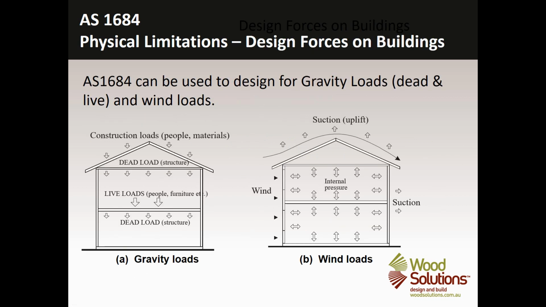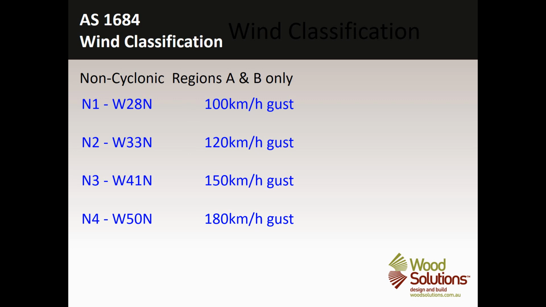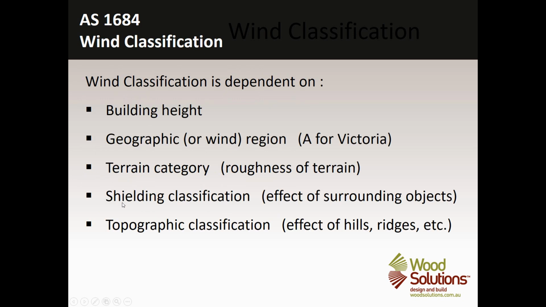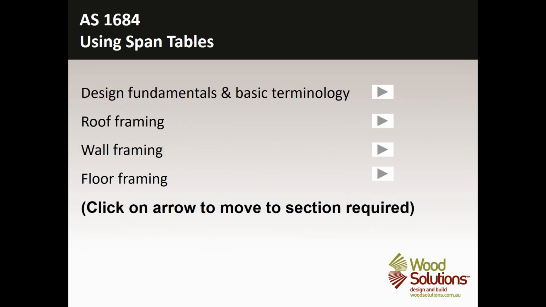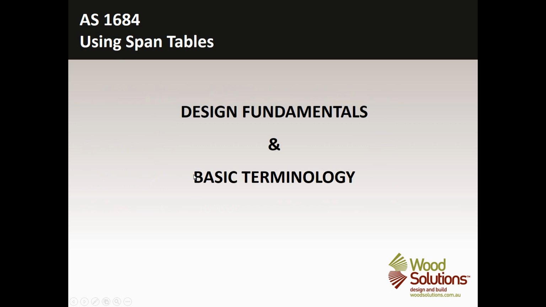So maximum wall heights, imposed loads on the building, wind speeds N1, N2, N3, and N4, and the basic terminology, roof framing, wall framing, and floor framing.